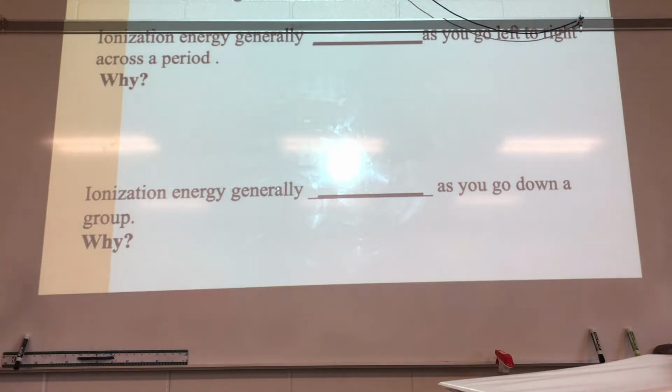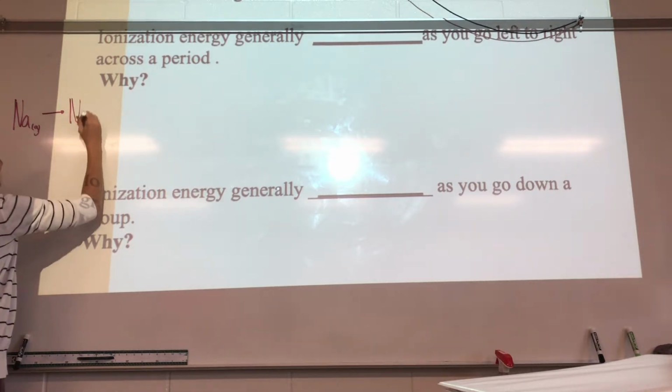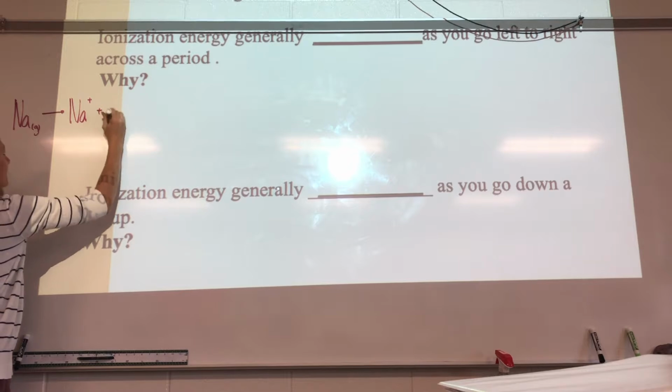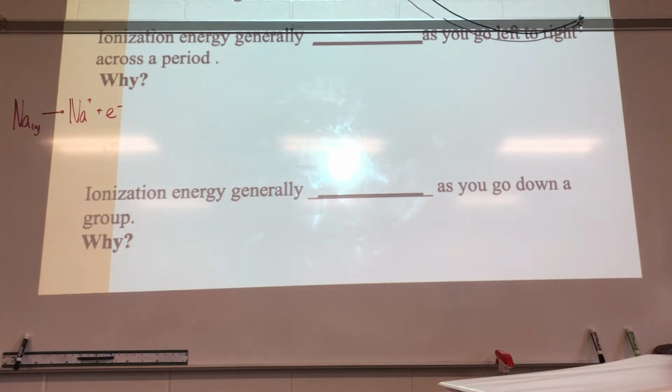This is an example of what ionization is: if I take sodium and I put energy into it, I can make an electron come off. It's so much energy that it doesn't just get excited, but it gets removed. But it's not quite to the extent of a PES where we remove all of them. We're just taking away one. So this is an equation for ionization energy.